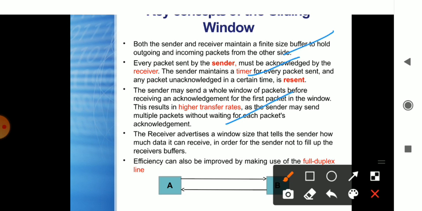While sliding, care should be taken that no error happens and no duplicates happen when the information is being transferred. As I said, when the receiver side receives the information, it maintains a buffer. When it receives the information, it will store it in the buffer, and one by one it will receive the information in an order.